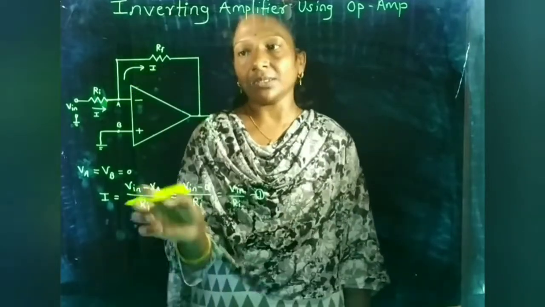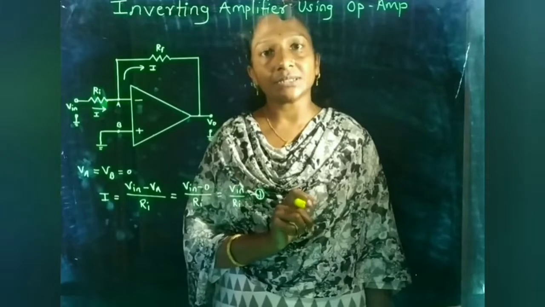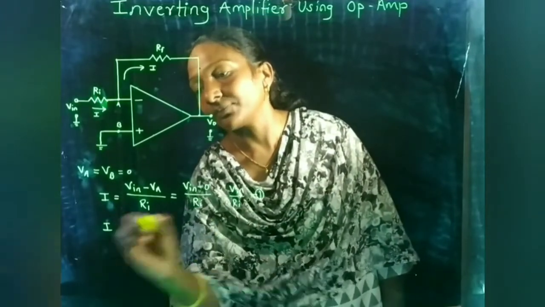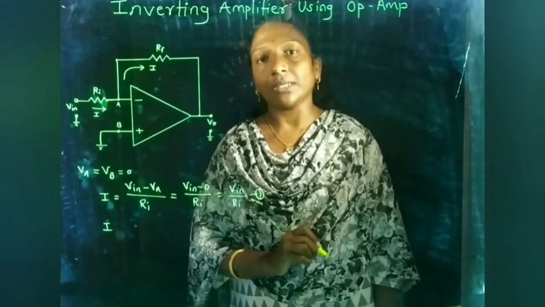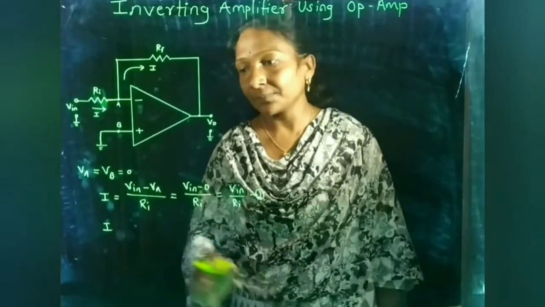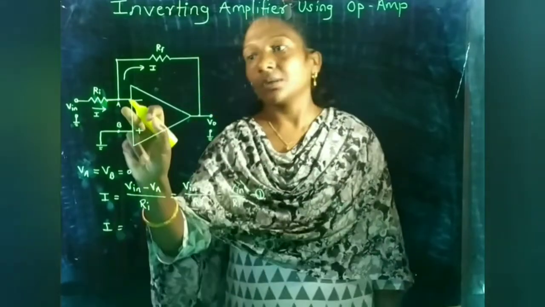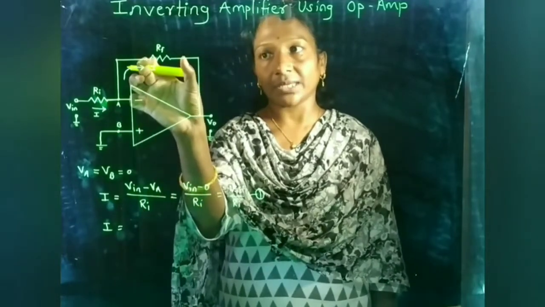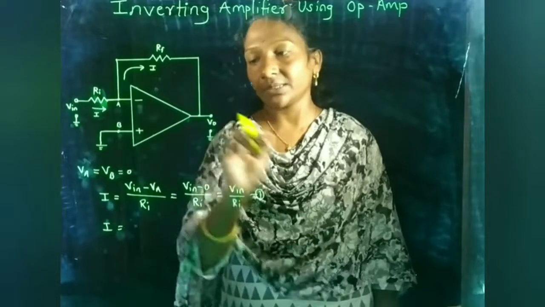Now, the same current is flowing through this resistance Rf. Therefore, the current flowing through the Rf resistor, in the feedback loop, is I equal to VA minus V0 divided by Rf. The potential difference across Rf is VA minus V0.